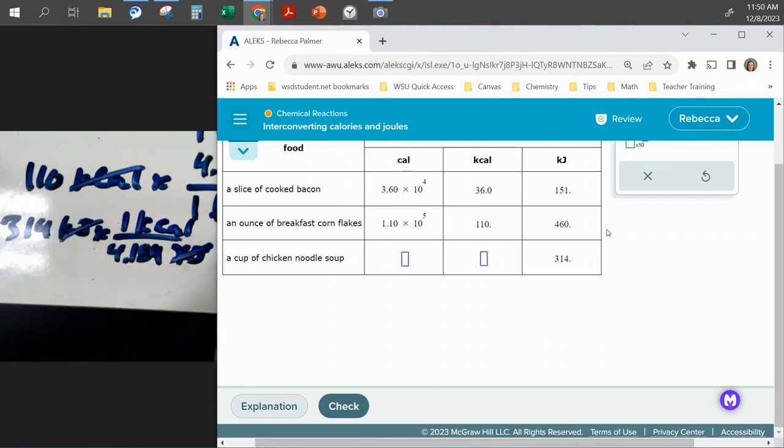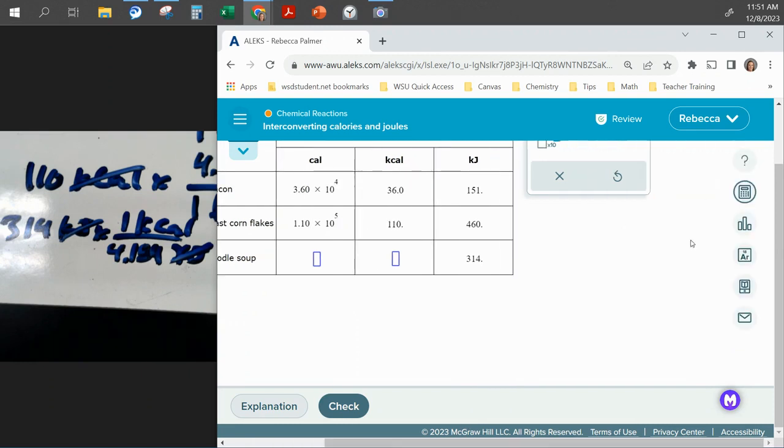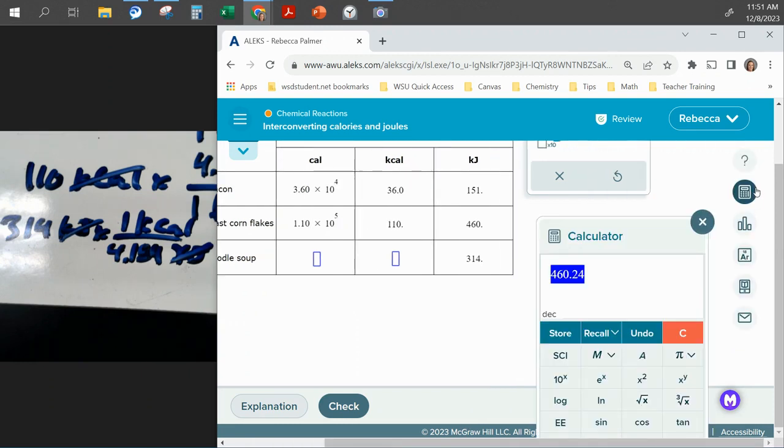So kilojoules cancels, we'll end up with kilocalories. So then we'll find our calculator again. 314 divided by 4.184. So that's our kilocalorie value.